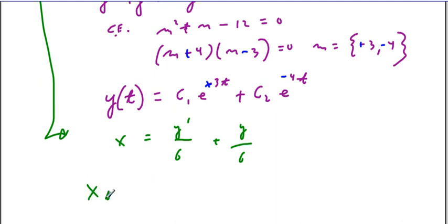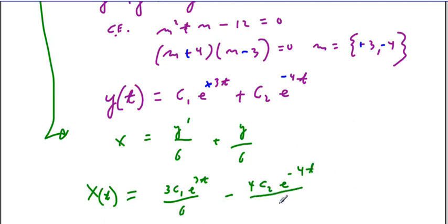So x of t is going to be 3c1 e to the 3t over 6 minus 4c2 e to the minus 4t over 6. I can rewrite that as 1/2 c1 e to the 3t minus 2/3 c2 e to the minus 4t.